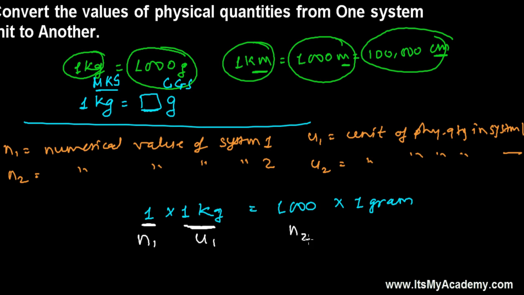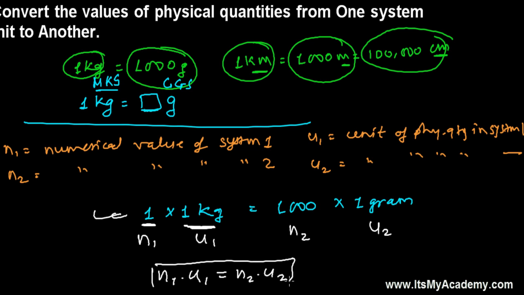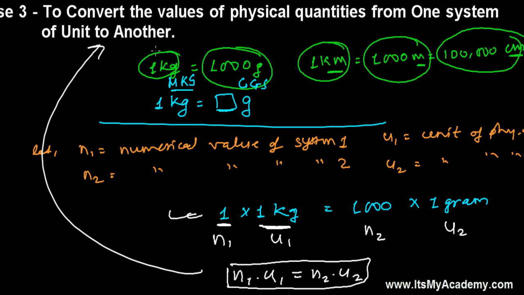Similarly, here this represents n2, the numerical value in system 2, and this represents the unit of the physical quantity in the second system. As this is correct, what I can say is that n1 u1 equals n2 u2. This is the formula that we're going to use to convert the values of physical quantities from one system to another system.